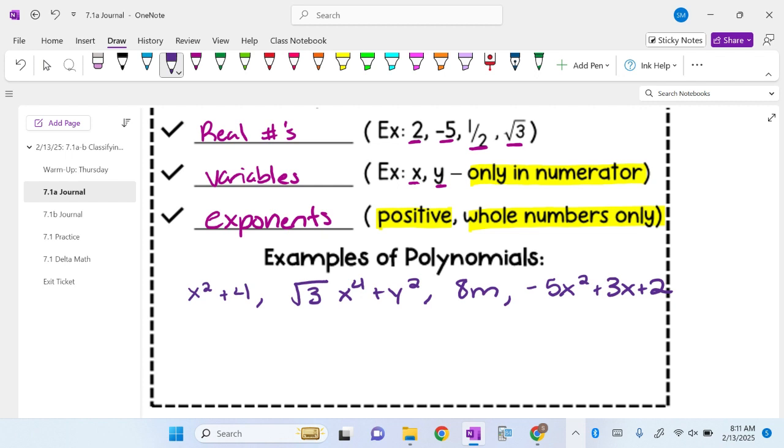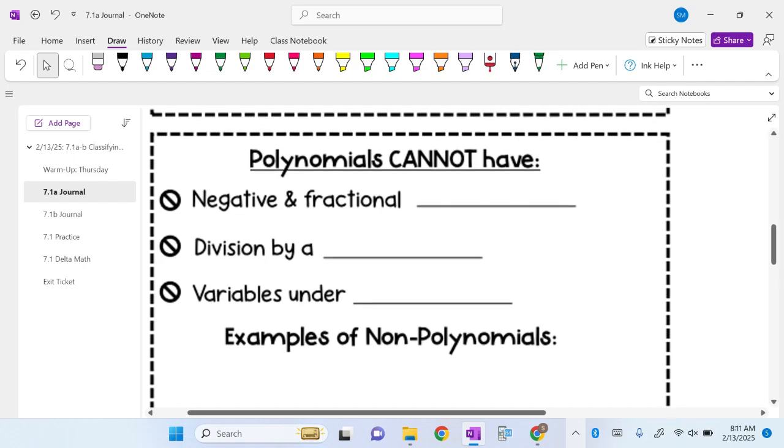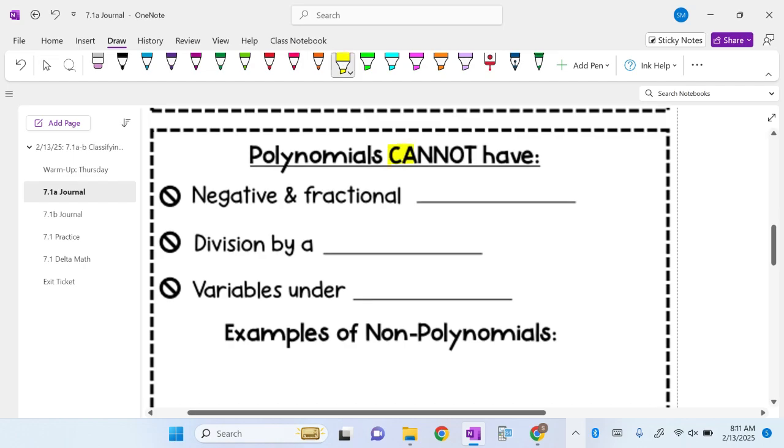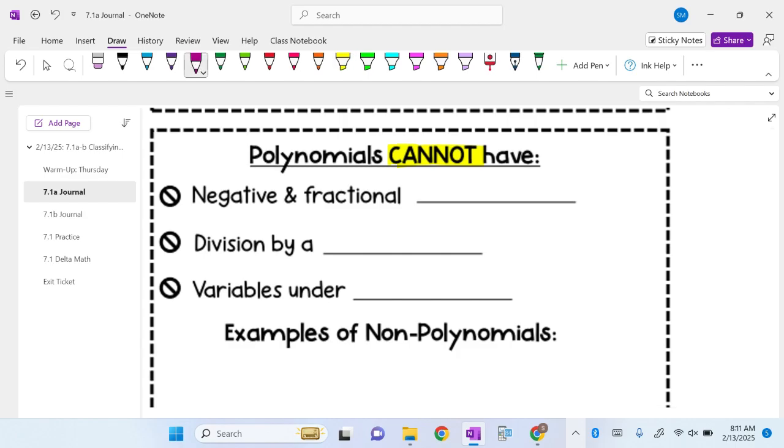All right. Now, on the flip side, I already mentioned a couple of these, but polynomials cannot have negative or fractional exponents. So the exponents can't be negative. They can't be fractions. You can't have division by a variable.